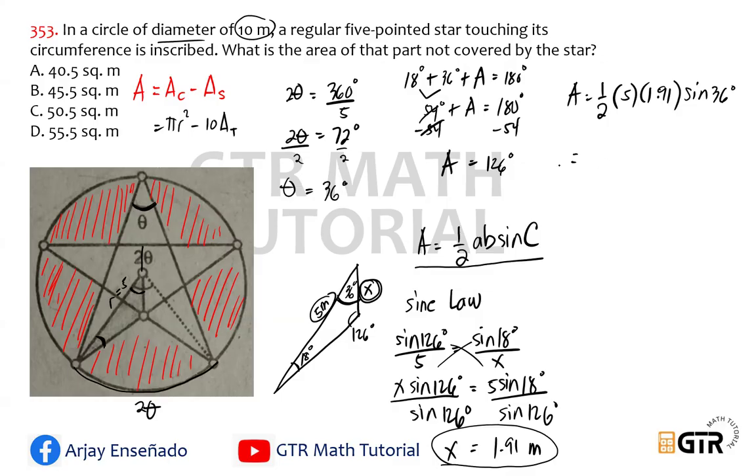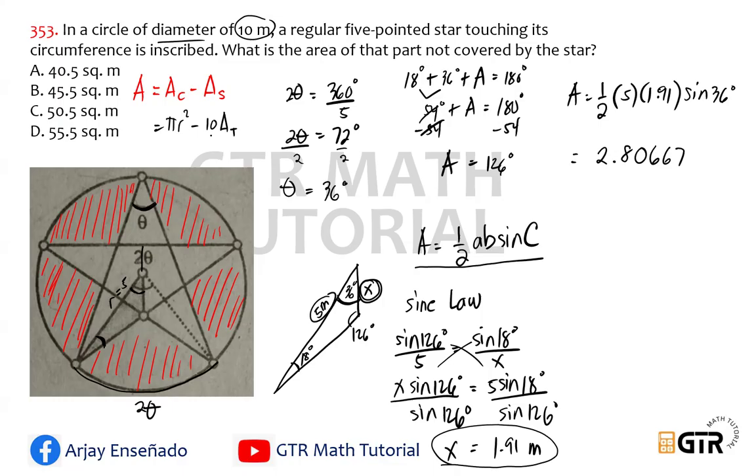We have 5 divided by 2 times 1.91 times sine 36. That will be equal to 2.807, or 2.80667 and so on. So that is the area of just one triangle.